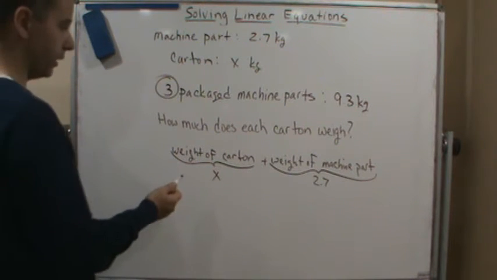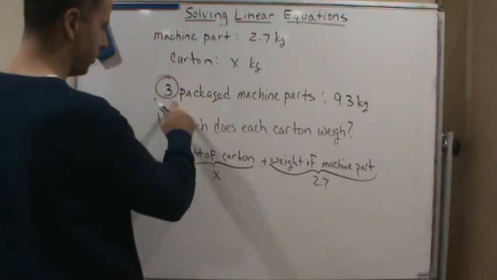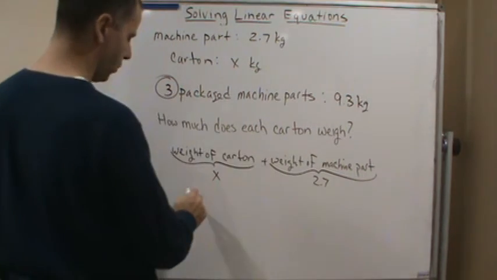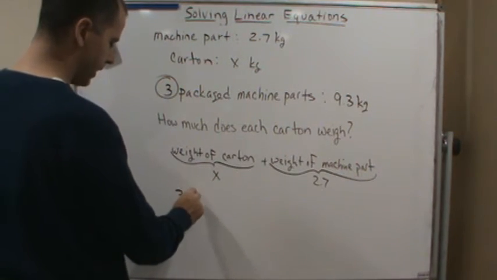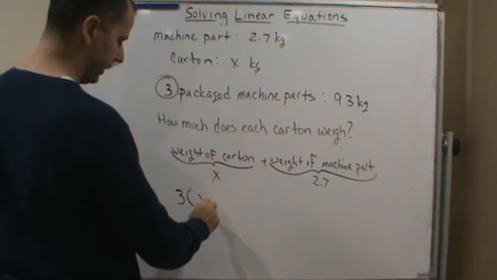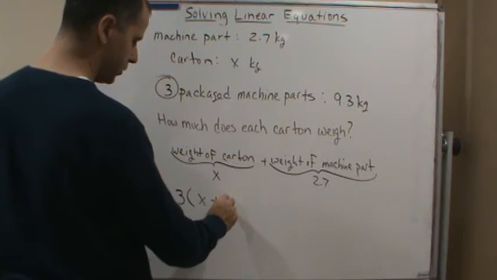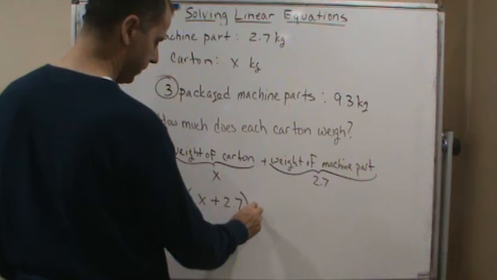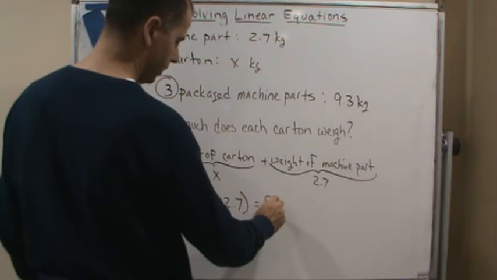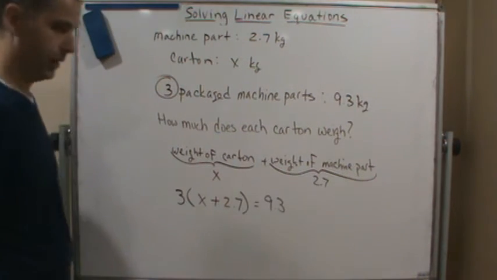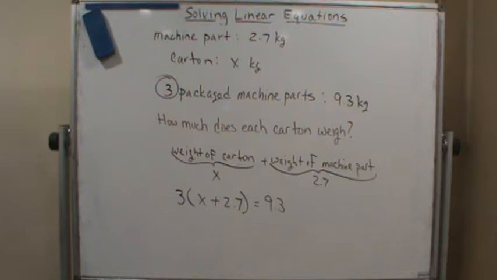So we could write an equation that says 3 of these weigh this much. So we could say 3 times the quantity X plus 2.7 equals 9.3. And that would be a good equation, and that would work.